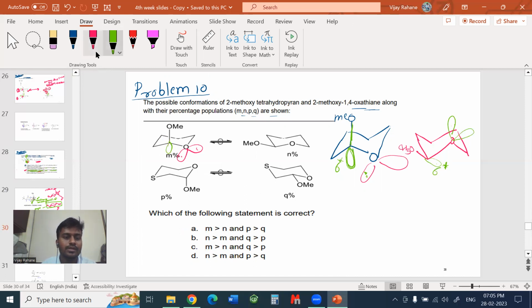There will be an overlap, and it makes the compound in the M form, sorry, in this form, more stable. So obviously the equilibrium will lie more in this direction.